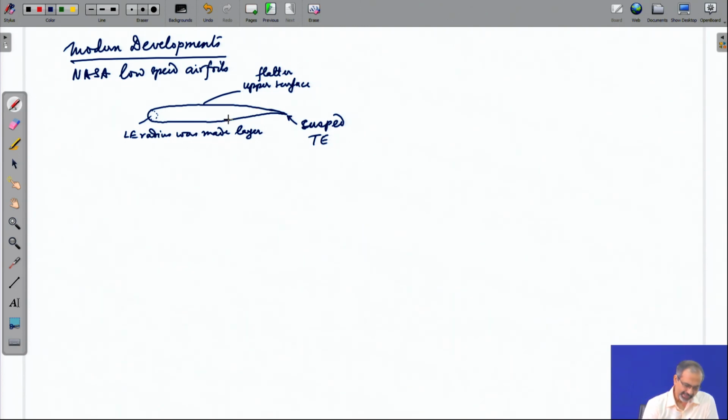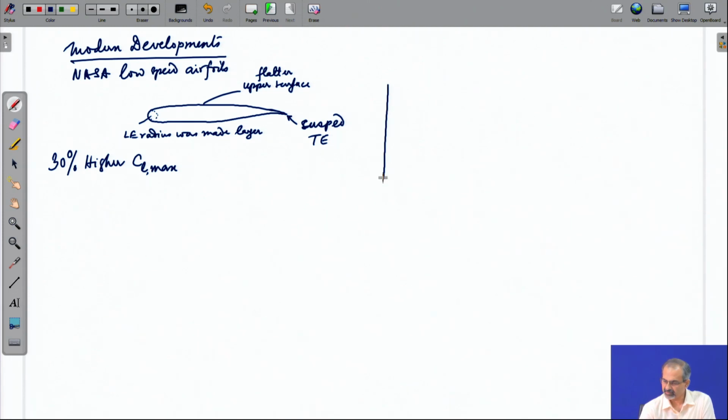This helped in improving the performance of this airfoil substantially over some of the existing NACA airfoils, and consequently about 30% higher CL max was obtained.